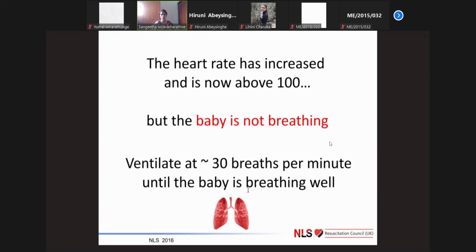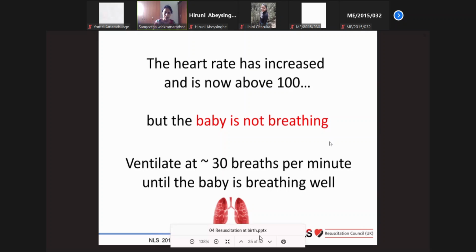So you always have to ventilate them with low pressures, short breaths. Initially we counted 1, 2, 3, release. This one will be squeeze 1, squeeze 2, squeeze 3, squeeze 4, like that, right?